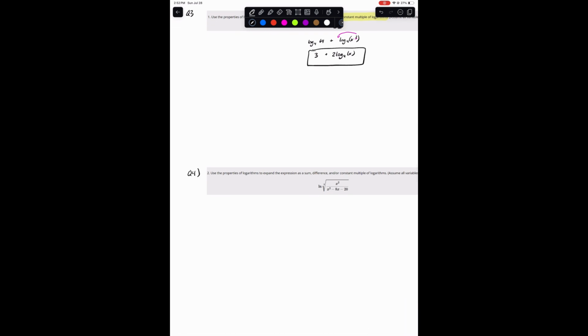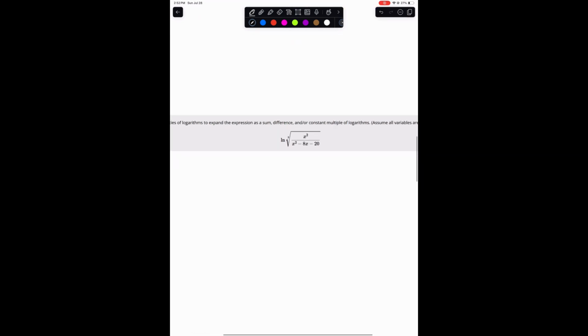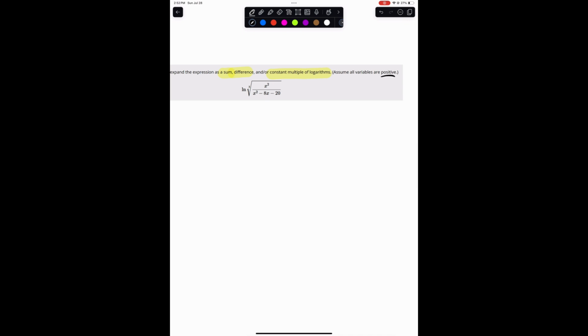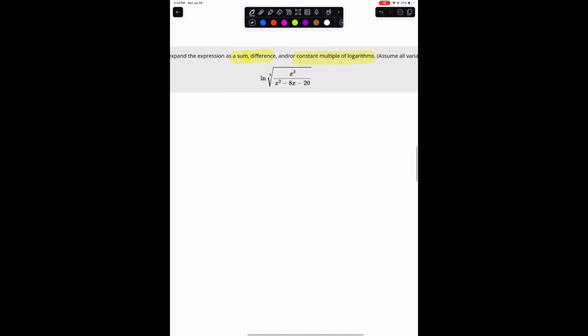For question 4, again we expand to a sum, difference, and or constant multiple of logarithms. Again, the positive note is to make sure we don't have to deal with restrictions. So first, I'm going to rewrite it so it's natural log of x squared over x squared minus 8x minus 20.